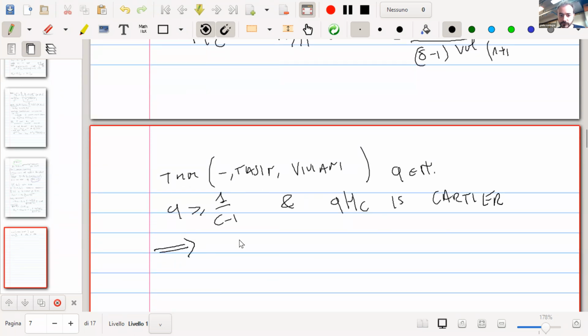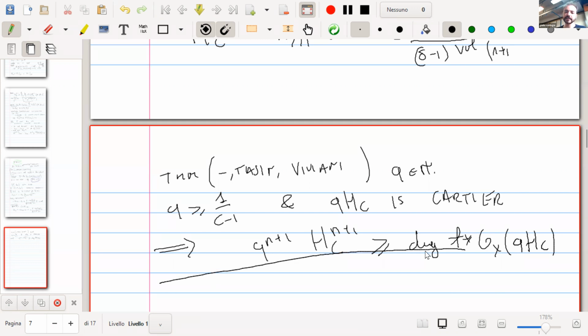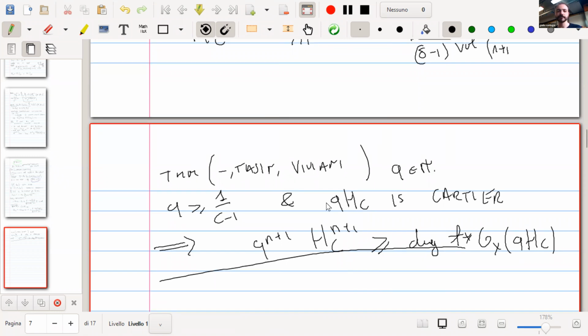Then Q to the n plus 1 times H_C to the n plus 1 will be at least the degree of f lower star of O_X(Q). So we get a slope inequality for this H line bundle.